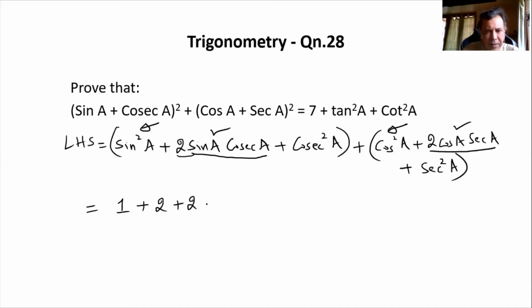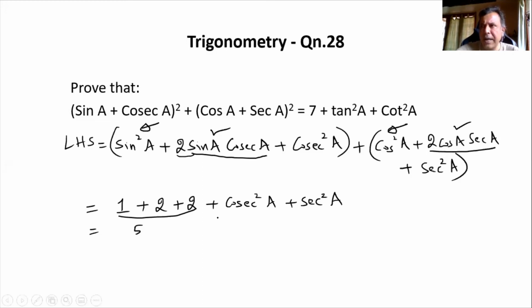Now what is left? We have cosecant square A plus secant square A. So this is together 5. And what is cosecant square A?